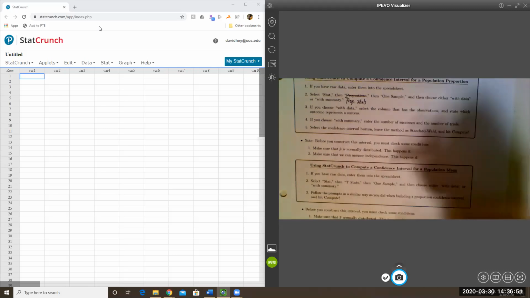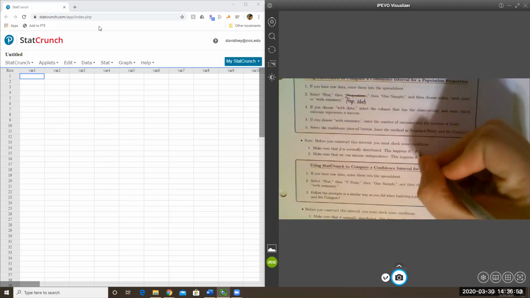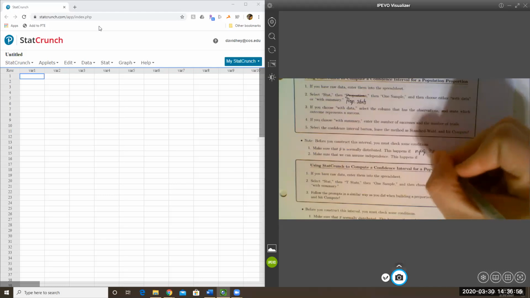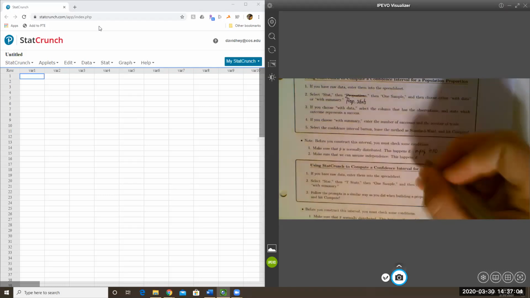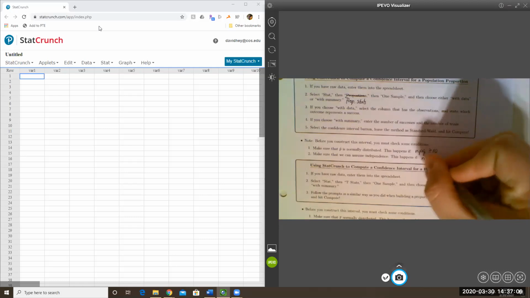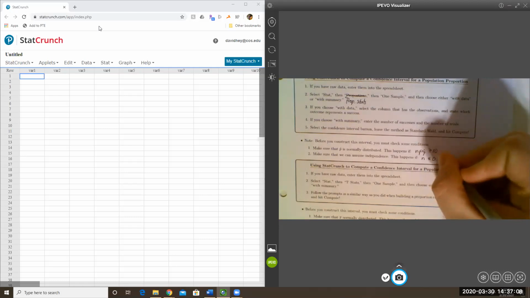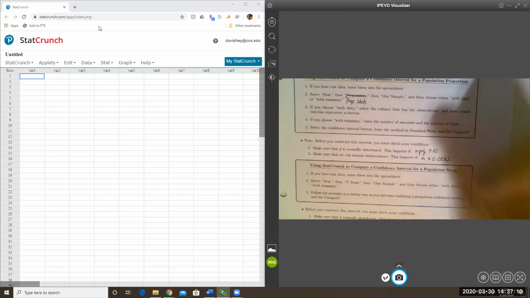This happens if n times p times q is bigger than or equal to 10. You also have to make sure that we can assume independence. And this happens if little n is less than or equal to 0.05 times capital N.